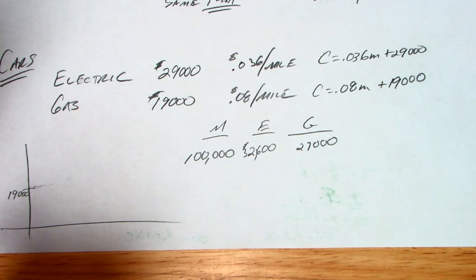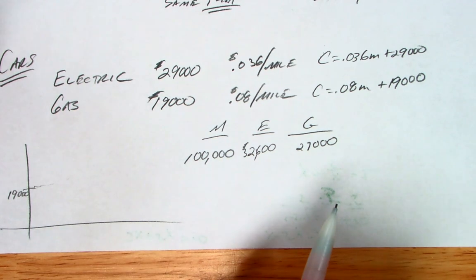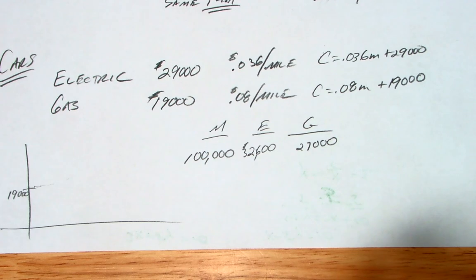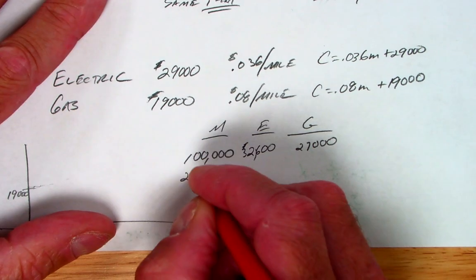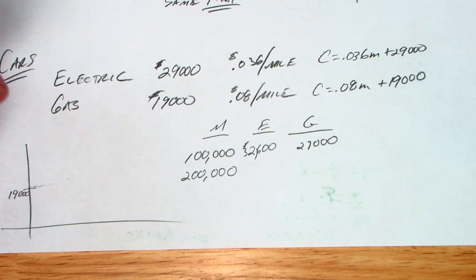Okay? In the last class, we couldn't agree on an answer at all. And you're just typing it into a calculator, 0.036 times 100,000 plus 29,000. And then make sure you have 5 zeros on your 100,000. Maybe that's where the issue is. Let's try 200,000. Same thing. Guys, gas.